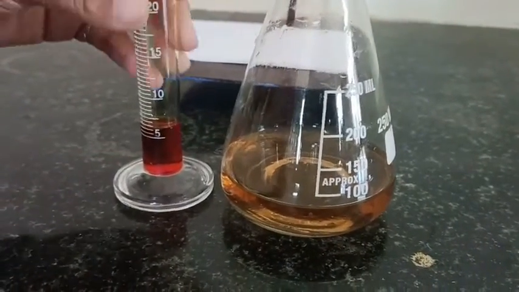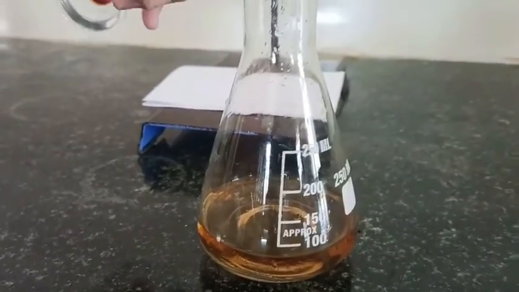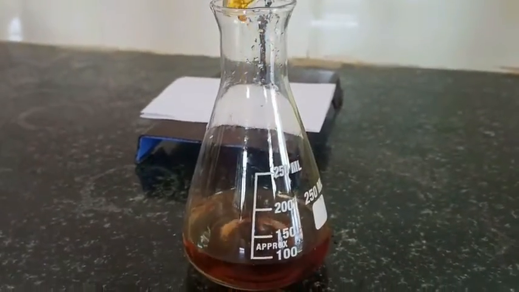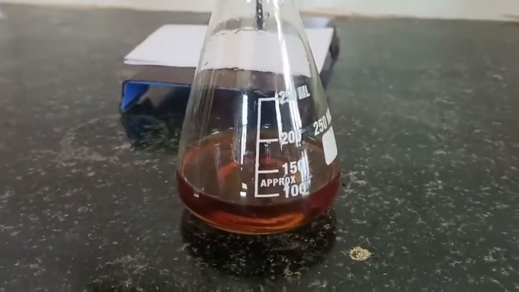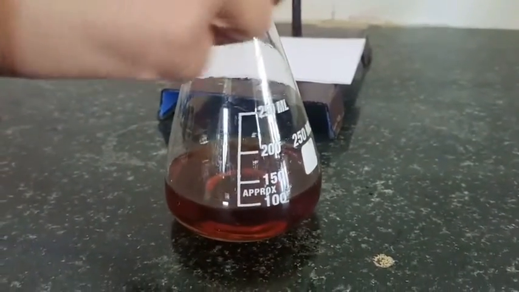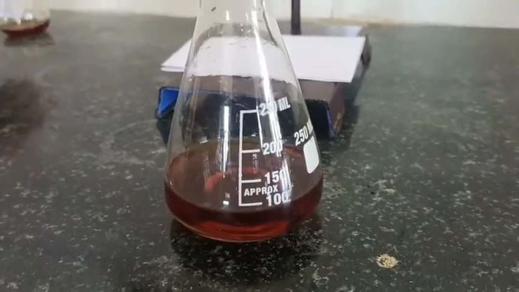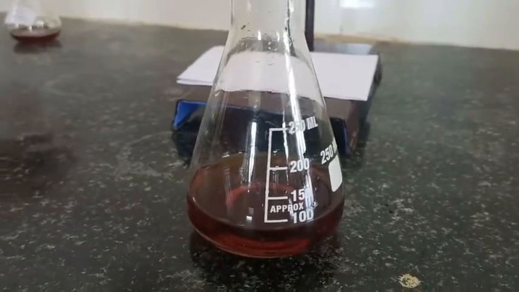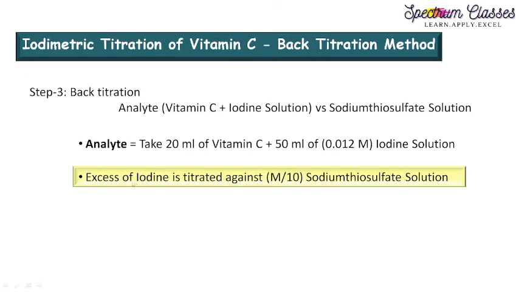So this much excess of iodine I am going to add. This is about 7 ml, right? So this is the analyte. Now we are going to titrate the excess of iodine against N by 10 sodium thiosulfate solution.